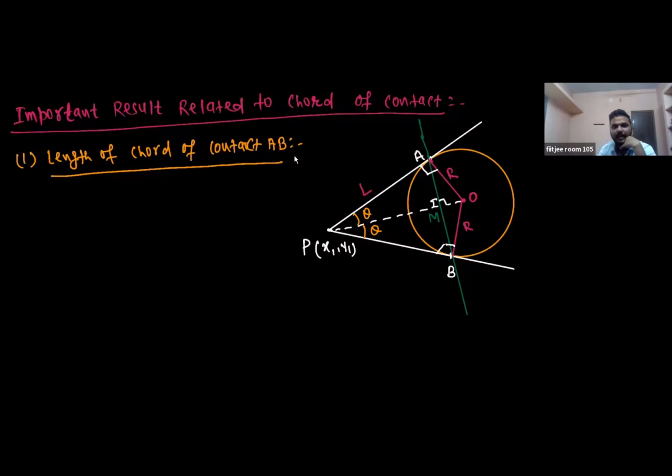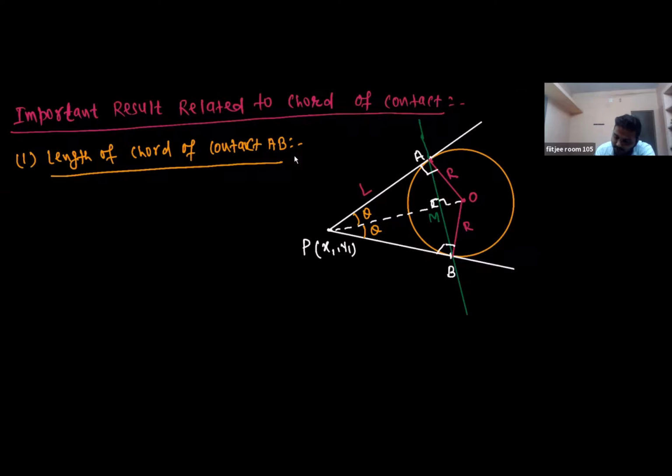You are proving the previous result. Okay, no problem. So this angle should be 90, because AB I treat as a chord, and M is the midpoint of the chord.